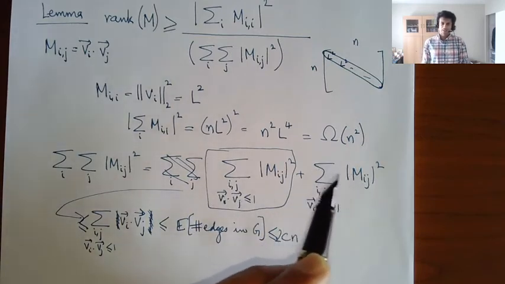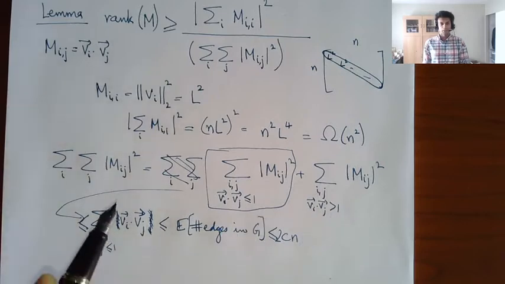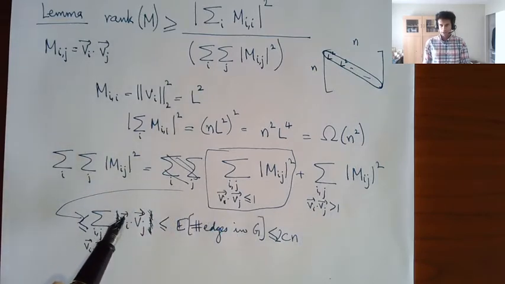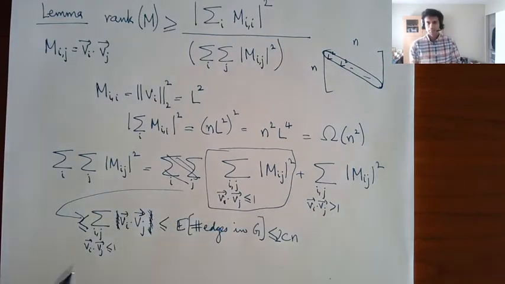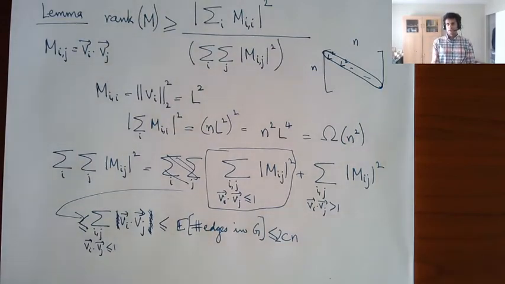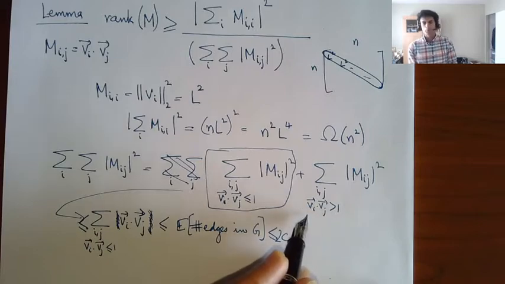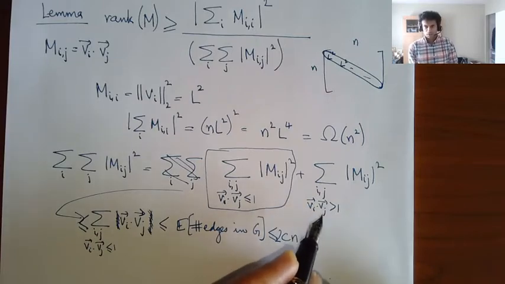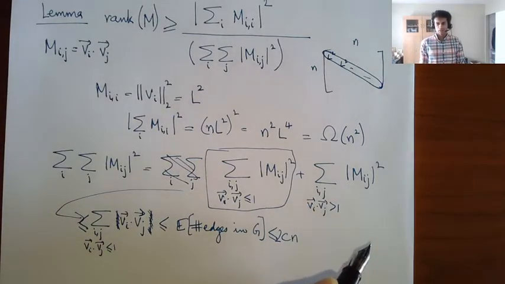But what about the second term? The second term seems problematic because you cannot do this upper bound here anymore. But then you observe something, given how the model is set up. If the dot product is 1, then the edge is guaranteed to be present.